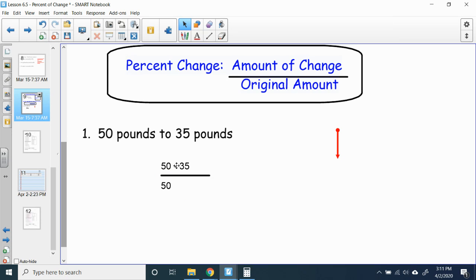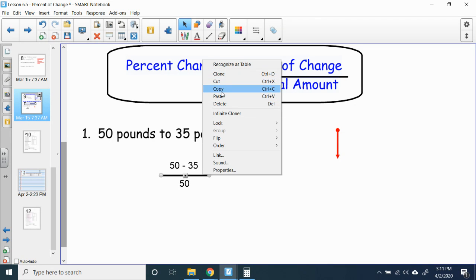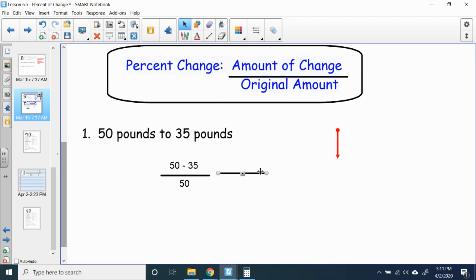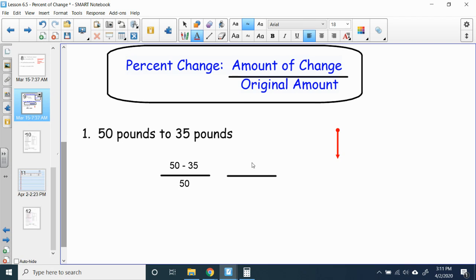Now I'm going to simplify this fraction. 50 minus 35 gives me 15, and on the bottom I still have the 50.